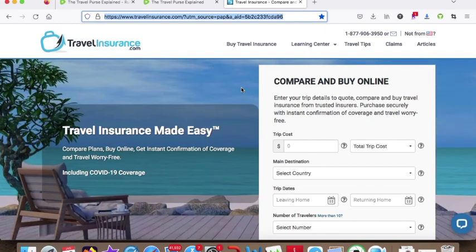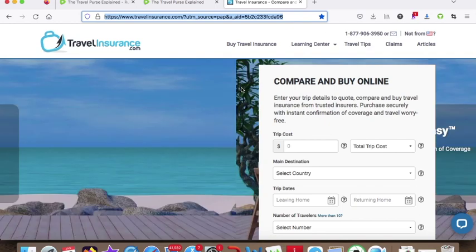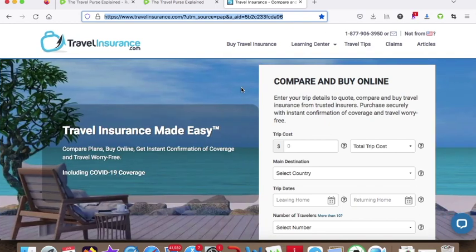And so, the reason why I like using this tool versus purchasing the insurance at the time that you buy your ticket is that when you buy your ticket, the insurance you're purchasing is specifically for that flight only. It does not cover accidental death insurance, it does not cover medical coverage.